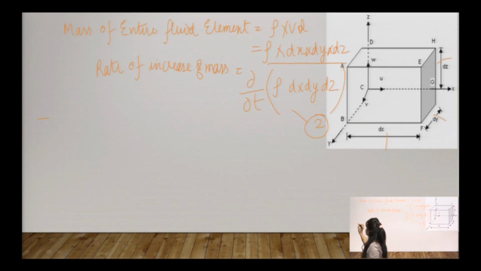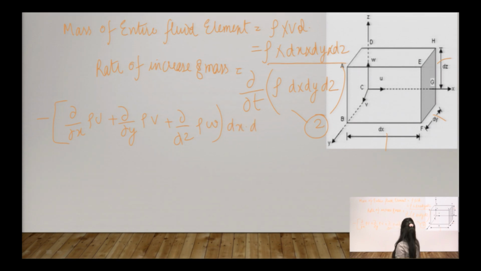it is nothing but the negative sign common in all of them, and change in velocity in x direction plus change in velocity in y direction plus change in velocity in z direction, and it was having all the sides dx, dy, dz.